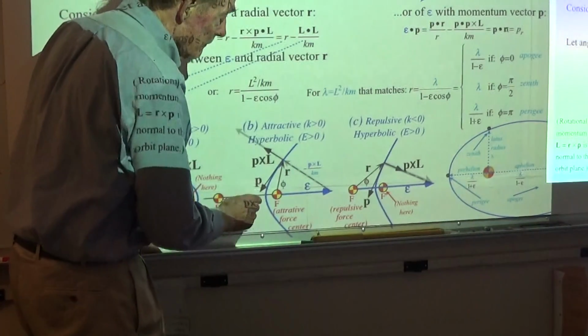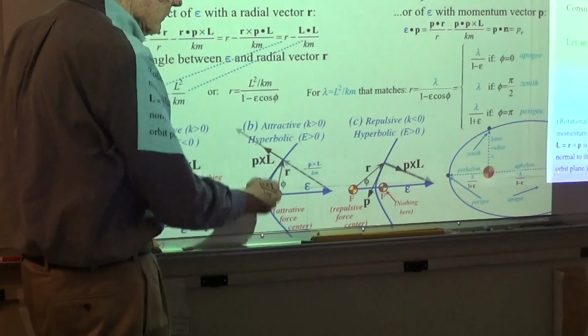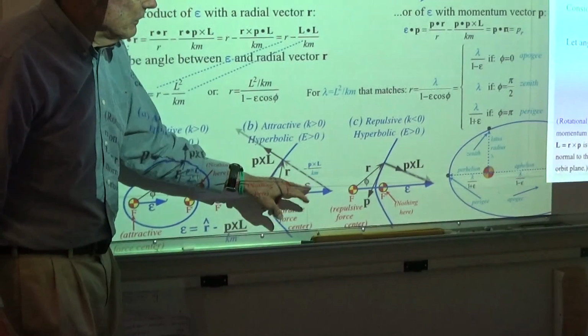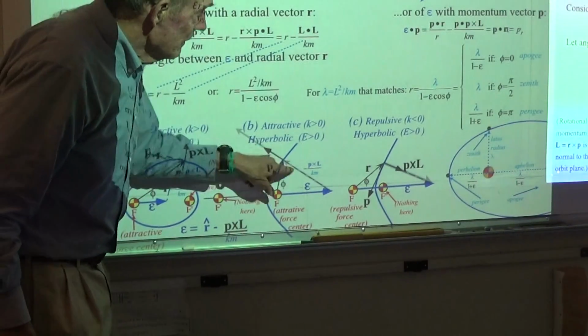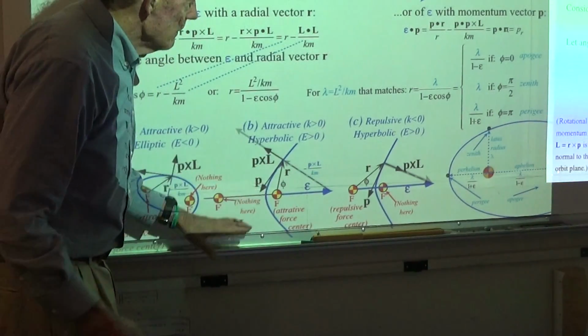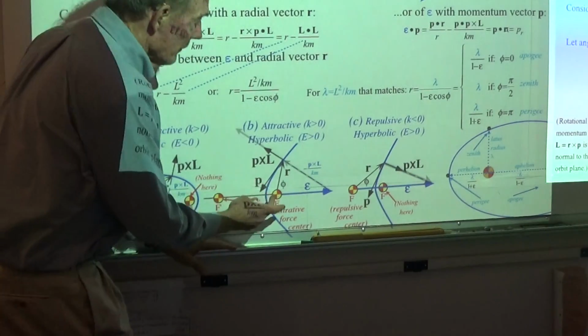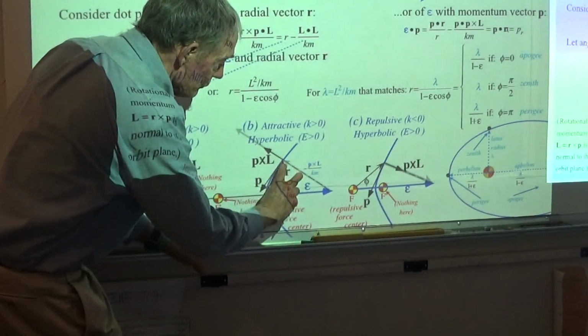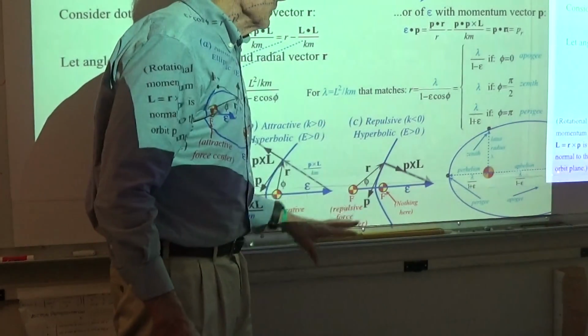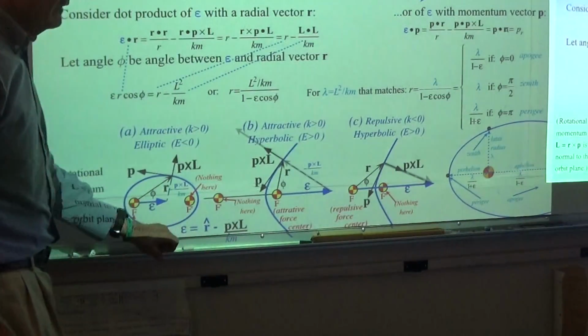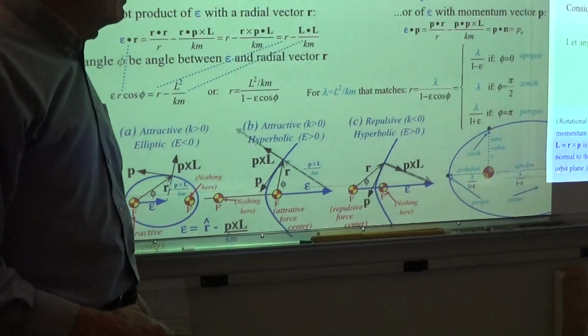It doesn't even have a visible bend in it. But nevertheless, it will still be treated by this same sum formula right here. So there's the minus P cross L, and the sum of that and that gives you your radius vector at all times.